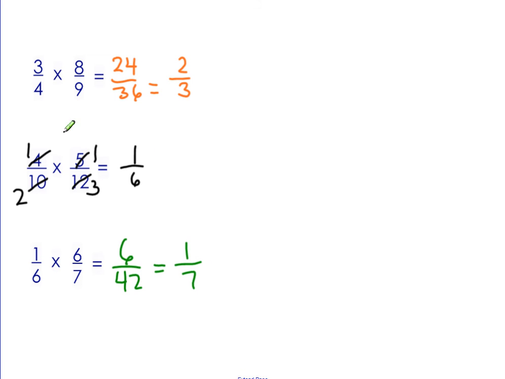If you don't understand how to use this strategy, that's okay. If this one's easier, please use this one. You'll eventually get to using this when you're working with larger numbers, greater numbers in the fraction parts. So this is basically the quickest, easiest way to multiply fractions.